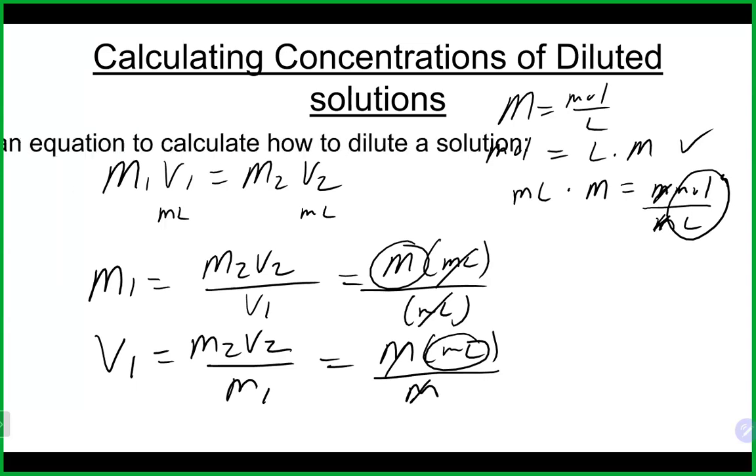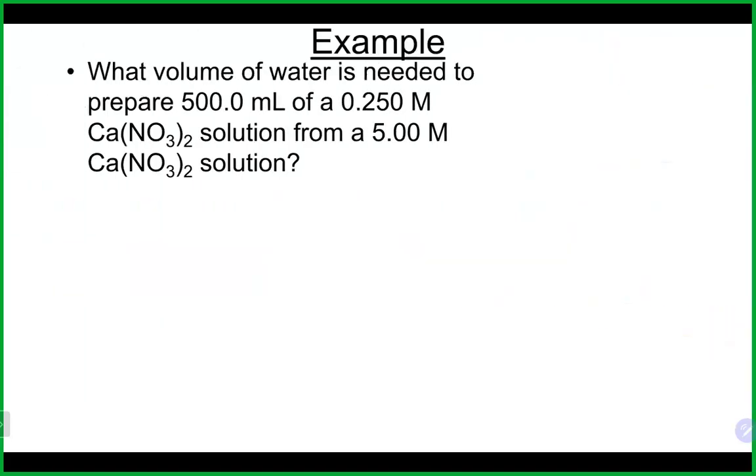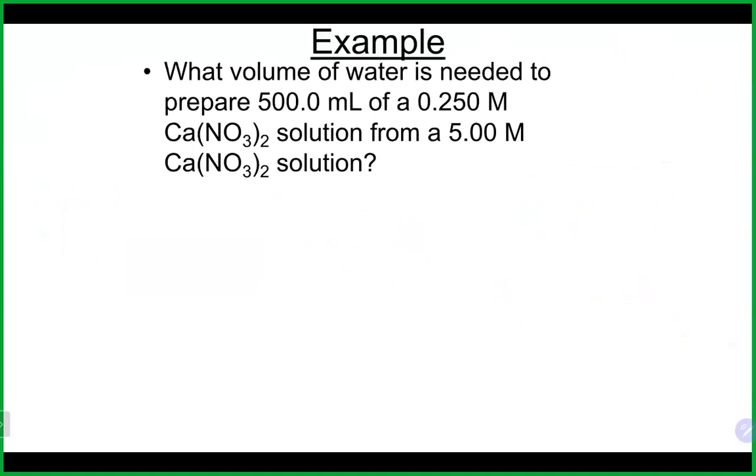All right, so let's take a look at another one here. Let's do this one. What volume of water is needed to prepare 500 milliliters of a 0.25 molar calcium nitrate solution from a 5 molar calcium nitrate solution?